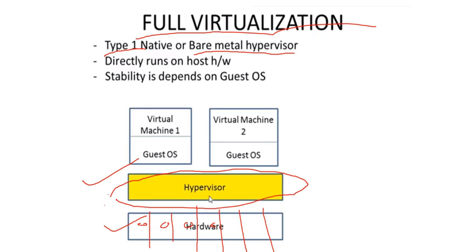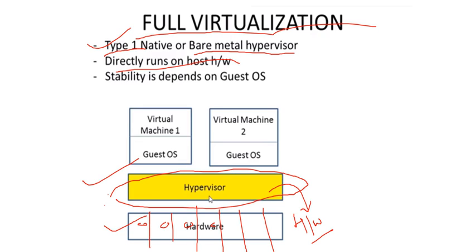If we go to the words, they tell the meaning: metal means the hardware. Hardware is basically made of metal and electronic circuits. So it's running bare on this hardware, and we call it a bare metal hypervisor. It's a type 1 hypervisor, and it directly runs on the host hardware.